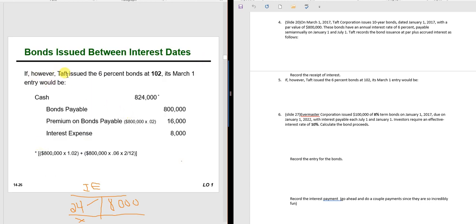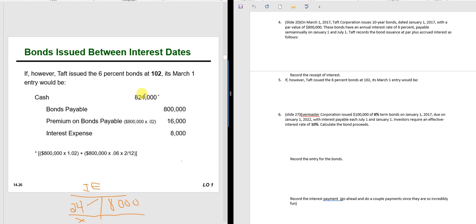However, if TASH issued 6% bonds at 102 on March 1st, what is the entry going to be? So notice, some people like to make this in two separate entries. Okay, so separate out the $8,000 out of this entry. And think of it, what I would do at 102, I would credit bonds payable for the face, always.